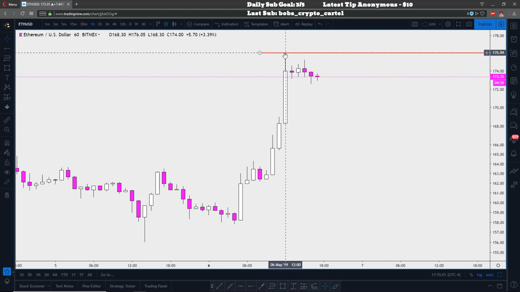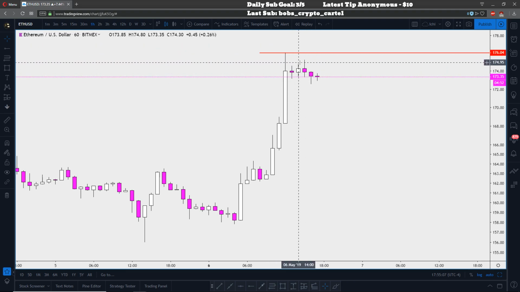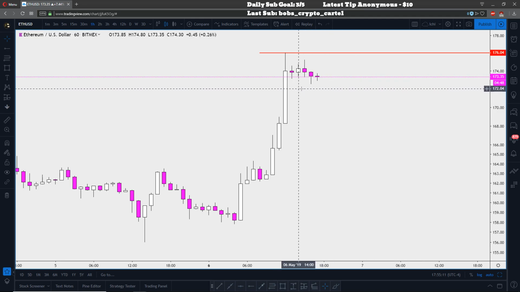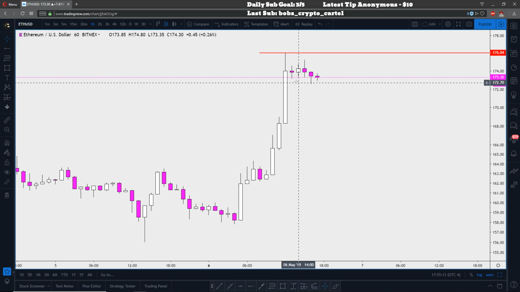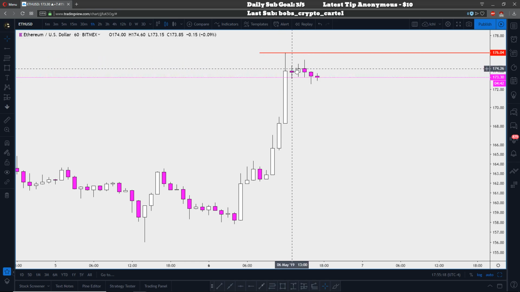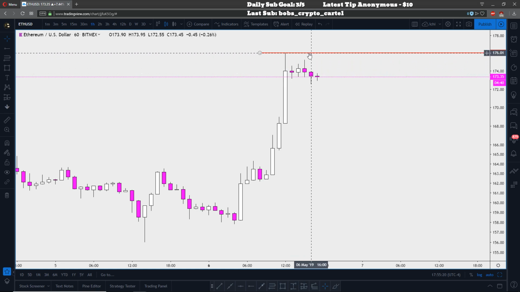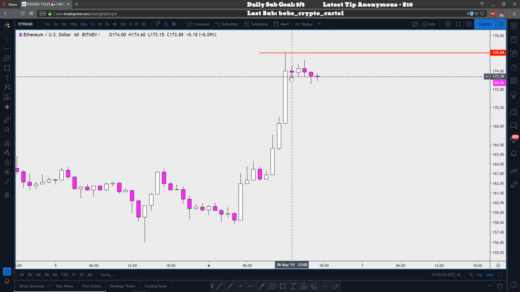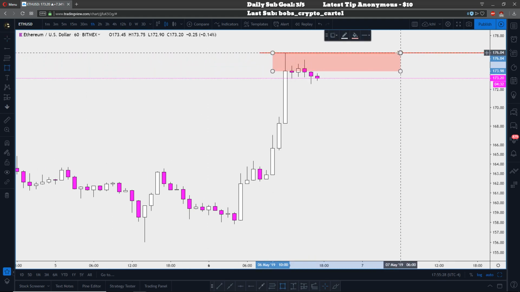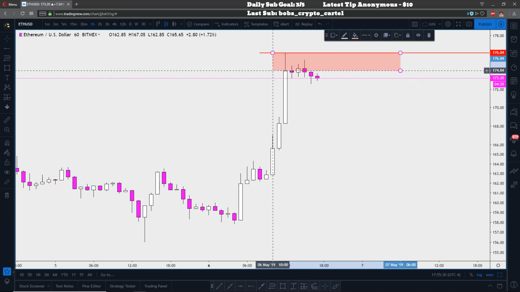Because maybe it was just a little bit of profit taking, some pressure, and the sellers just push it down a little bit. But there's still plenty of buyers that want to buy this. So you want to always give the market a second chance. So when the market tries to take that pivot, tries to take that wick, but fails again, that should be clear to you that this little zone here is resistance.